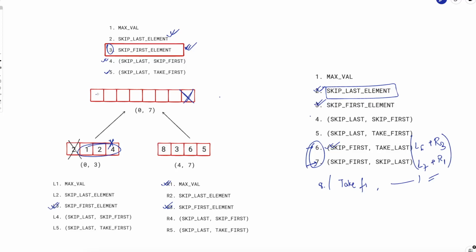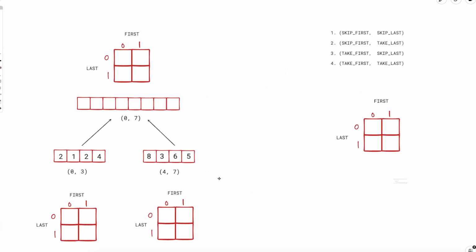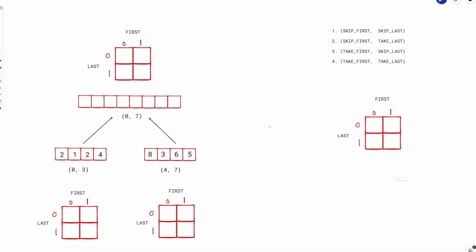Now you already have two different things: the maximum subsequent sum where this element is present, and the maximum subsequent sum where this element is not present. If you just take the maximum across these two things, you will get the final value, right? What I'm saying is we simply need 4 different things: skip first skip last, skip first take last, take first skip last, and take first take last.